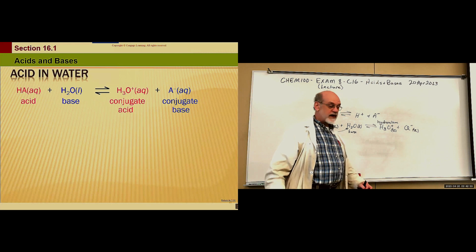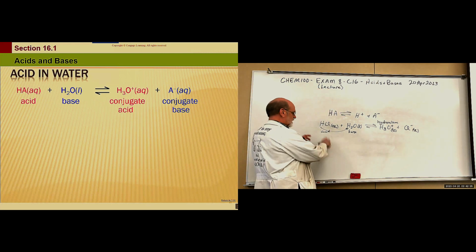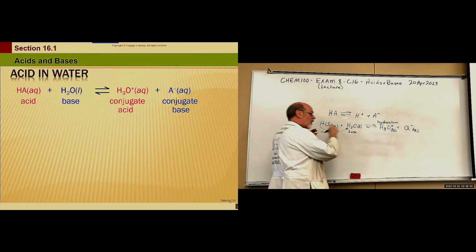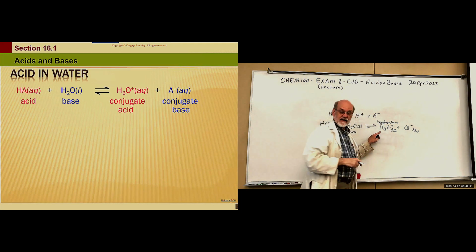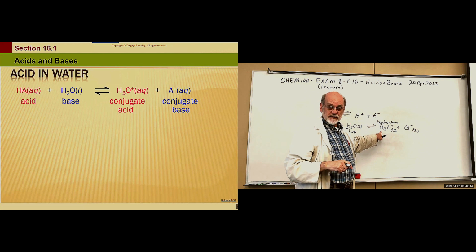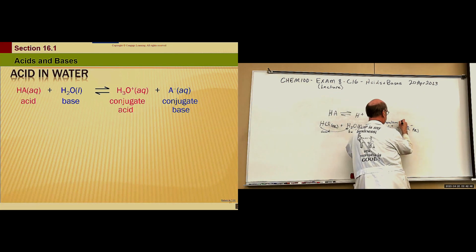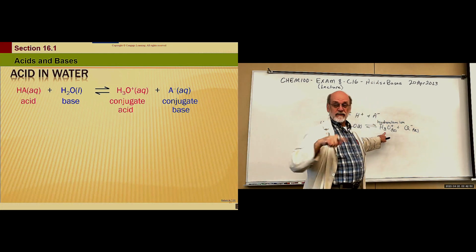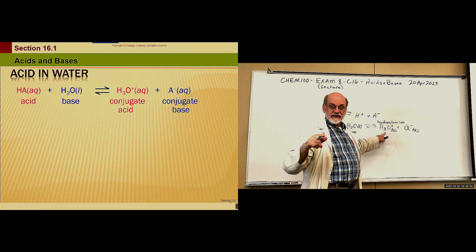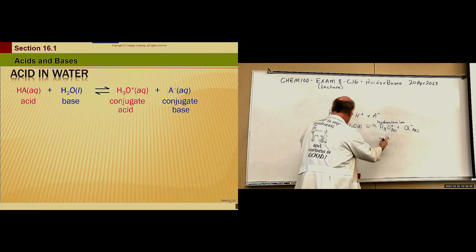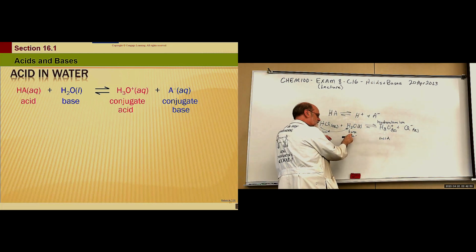All right. By way of definition, if this is an acid and this is a base, now on this side, this species, this hydronium ion, is able to donate a proton, which makes it an acid. But it's related to this base.